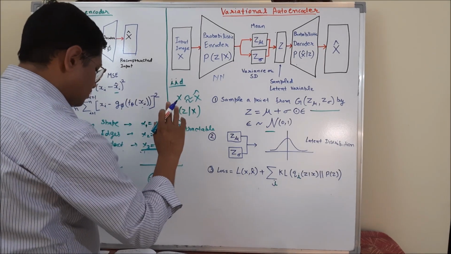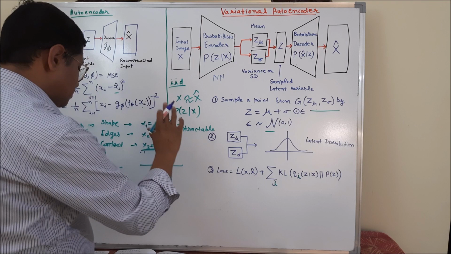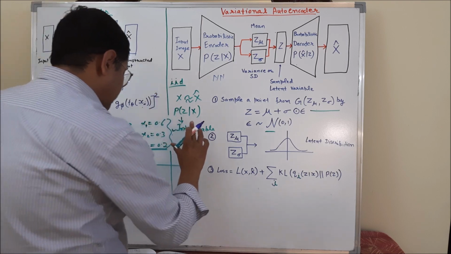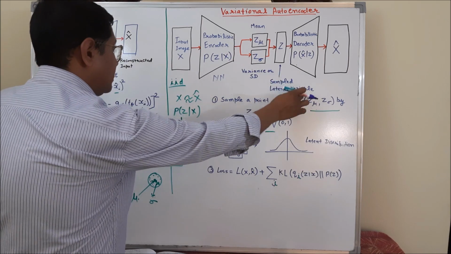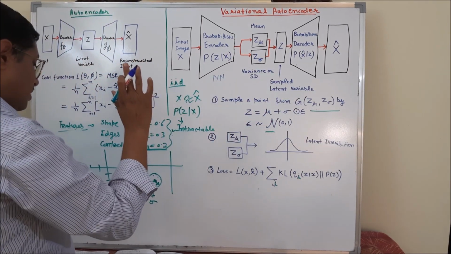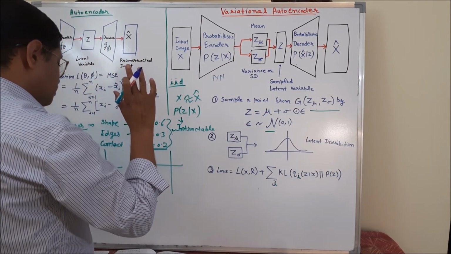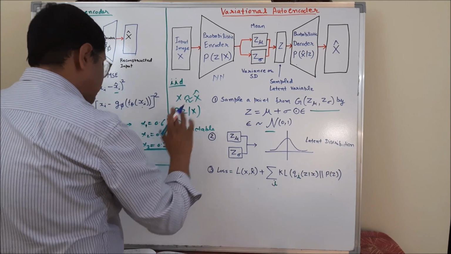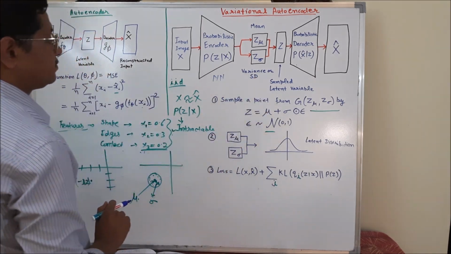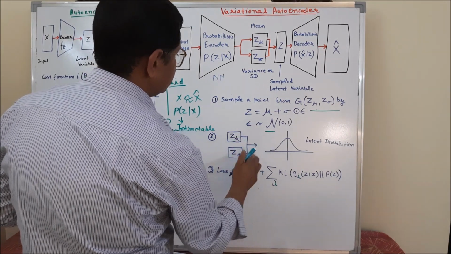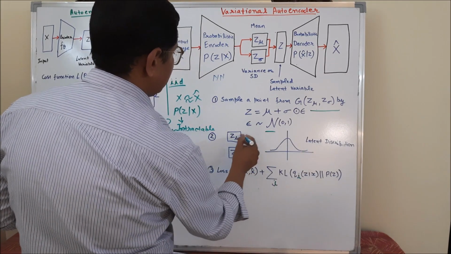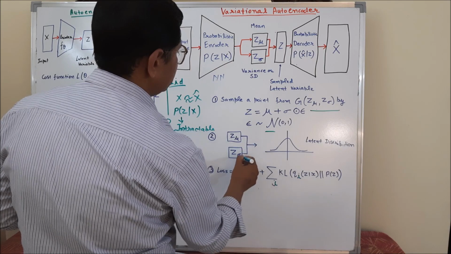Means it ensures that the latent variable distribution, this sample latent variable distribution, should be close to the standard normal distribution. So here you can see that this is the latent distribution that is coming through Z mu and Z sigma.